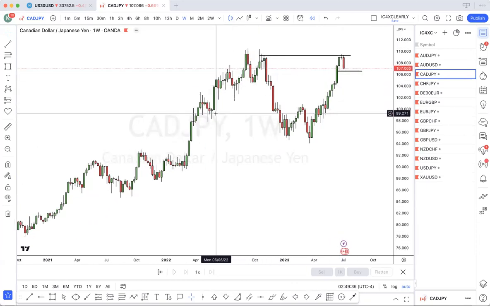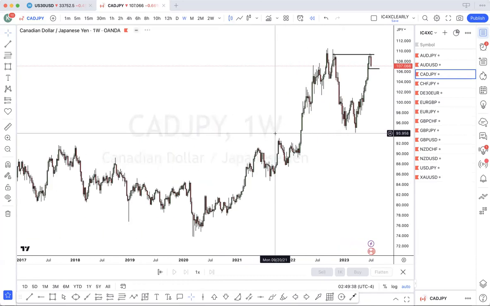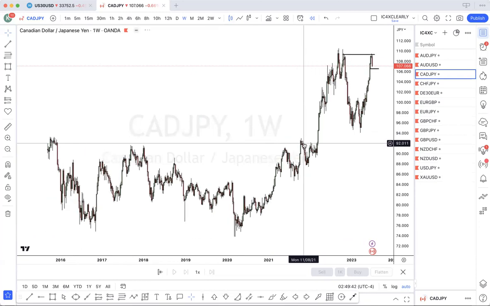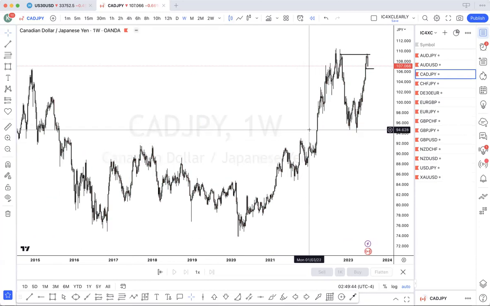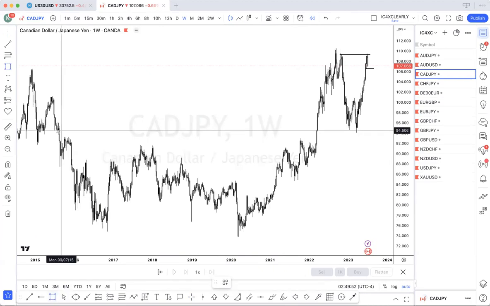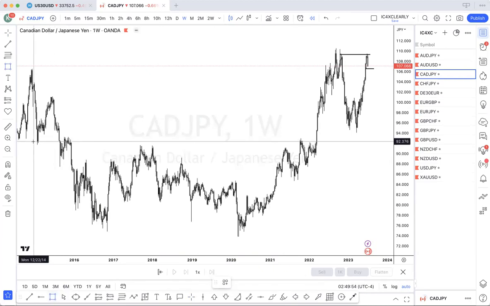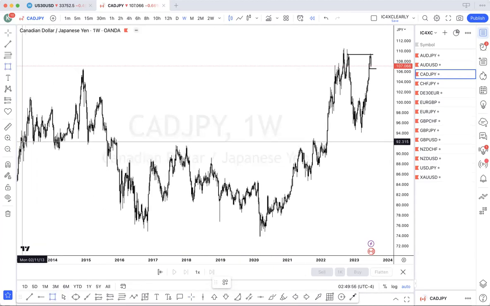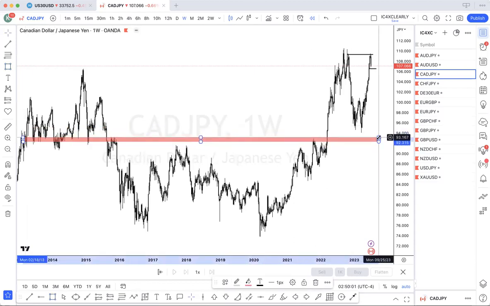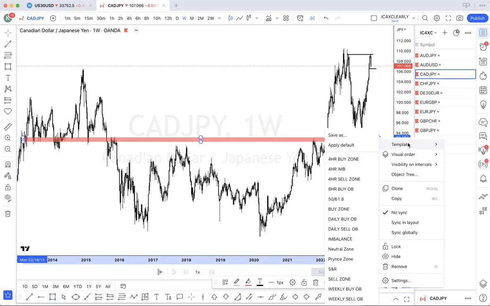However, because it broke structure to the downside, it did not. I would have been expecting, based off of price action, price to pull back to this level here, and it did not.